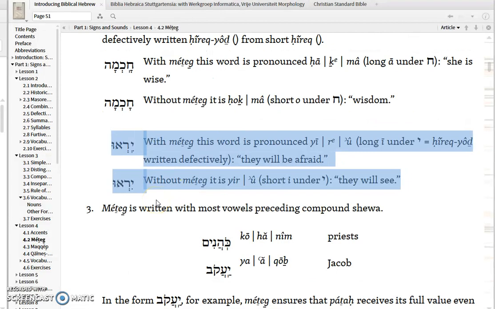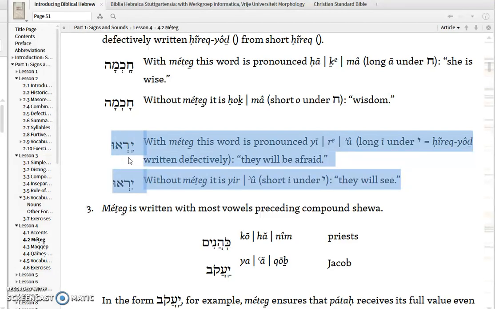Another example highlighted in blue here is identical: same consonants, identically same vowels, but one with the metheg and one without. Here the one with the metheg should be pronounced yira'u, by putting a bridle, the metheg, on the hirik here.